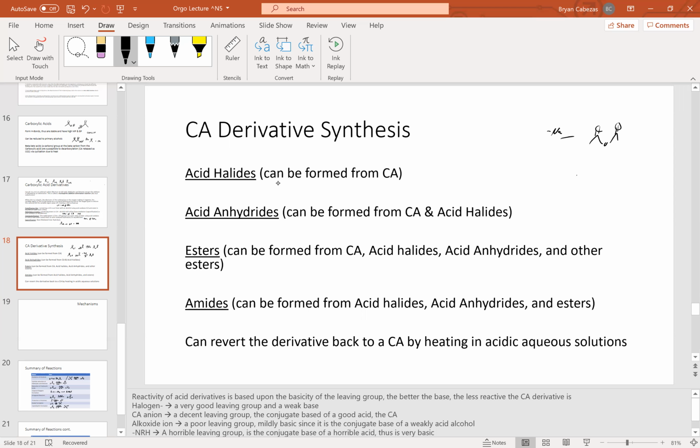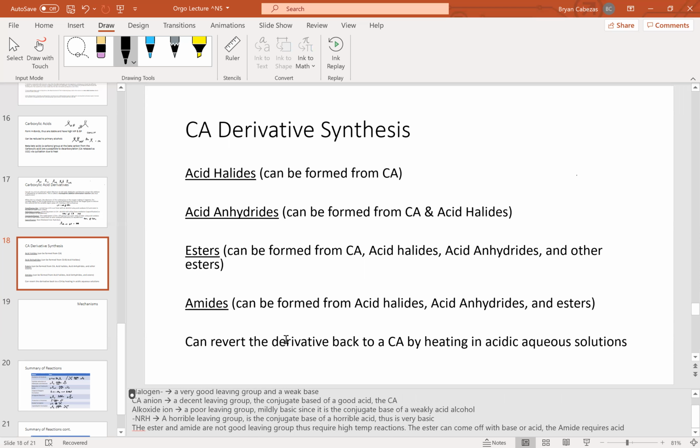Okay, that was anhydride formation, and esters we talked about. Let me just finish talking about amides, and then this concept right here before we get into the reactivities. So amides are formed with amines, right?